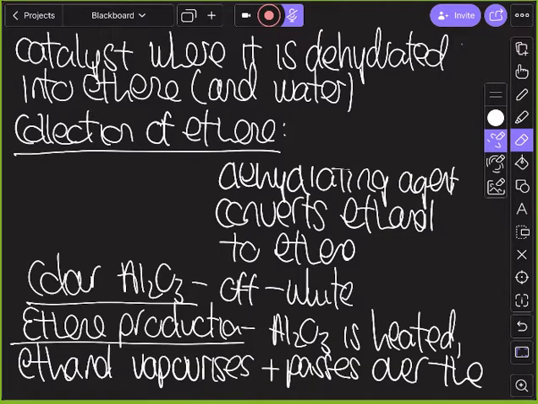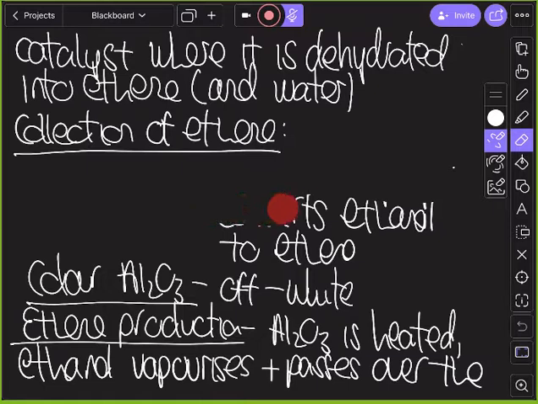I'm going to get rid of dehydrating agent and converts ethanol to ethene.